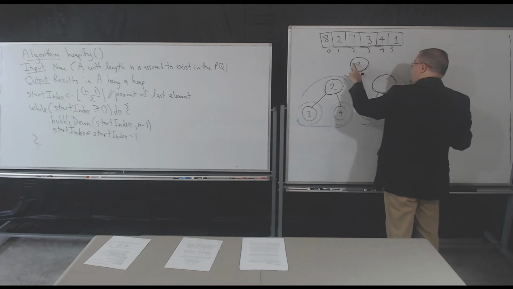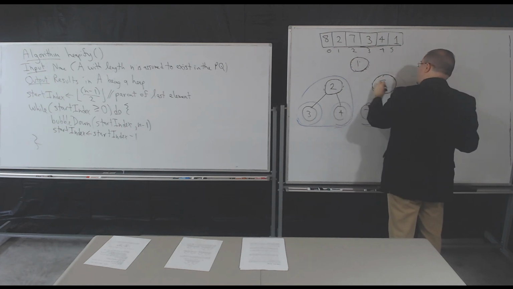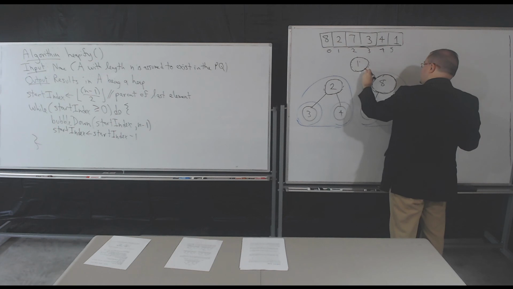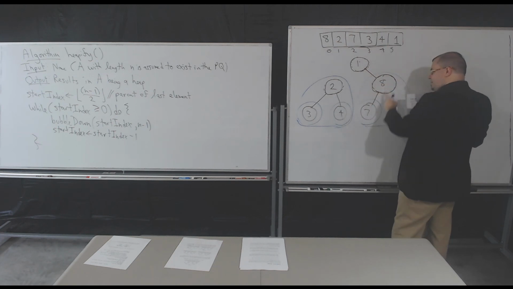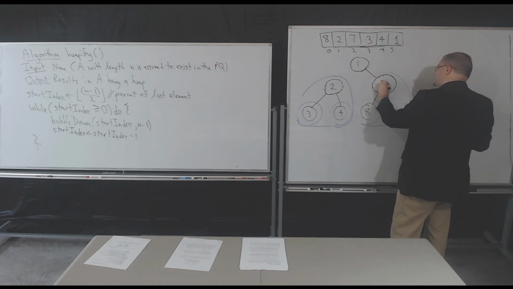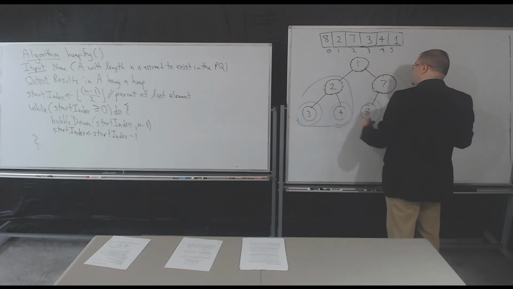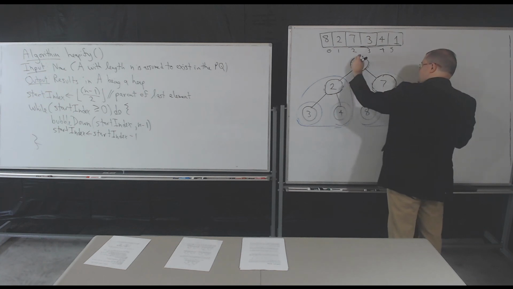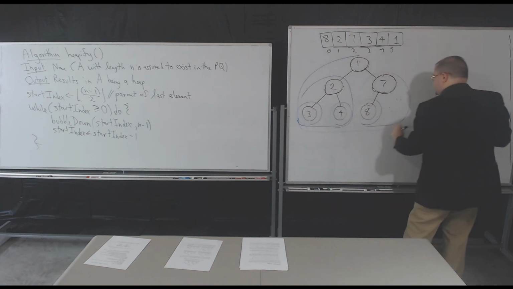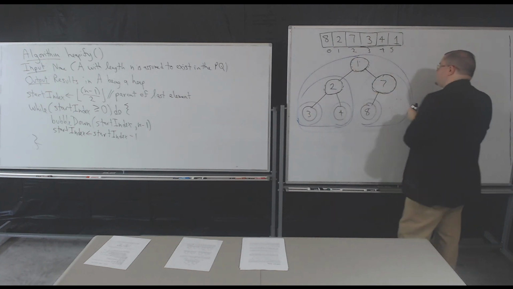I perform a swap, 1 and 8. And okay, is 8 bigger than, I don't have any child here, so I have to perform a swap between 7 and 8, because 7 is in fact less than 8. And there we go. Believe it or not, look at this. Now we have an entire heap. Now we have a min heap.